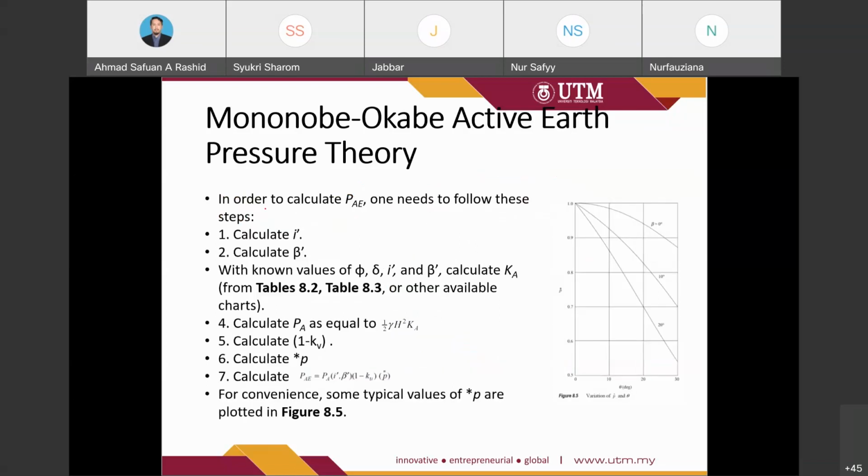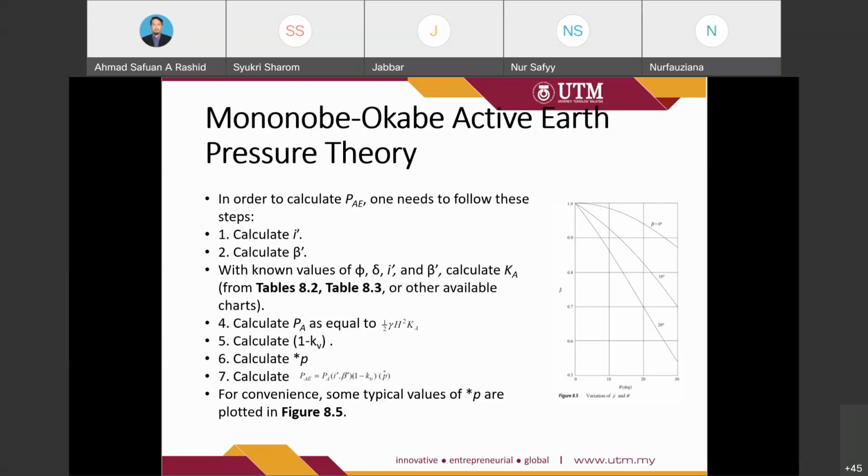With known values of phi, delta, I and beta prime, calculate Ka from table 8.2, 8.3 or other available chart.